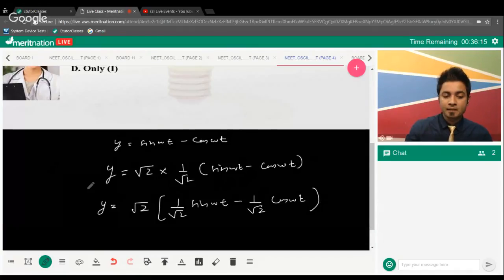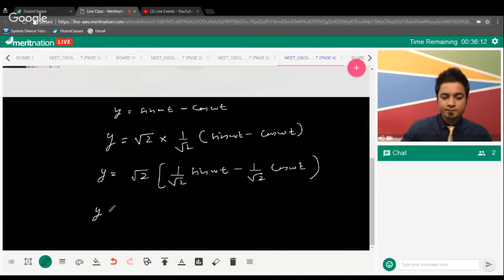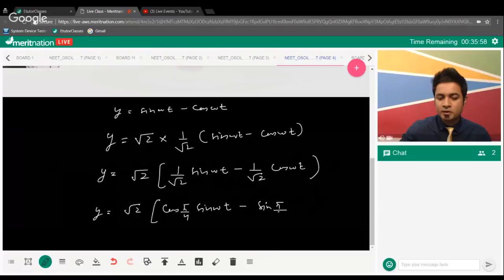So you can see root 2, and this 1 upon root 2 I can write as cos 45, or pi by 4. This is sine omega t minus sine pi by 4 times cos omega t, because cos and sine both have the same value at pi by 4, right? So which formula is it? Sine a minus b. So you can write here as sine omega t minus pi by 4, isn't it?